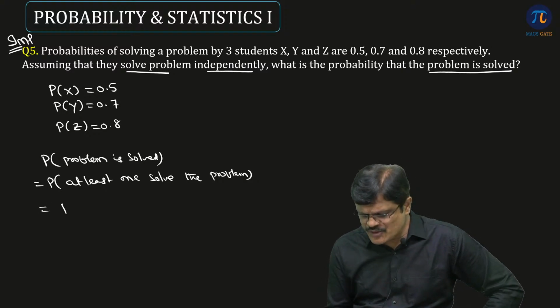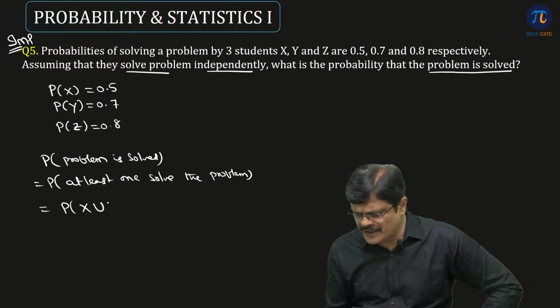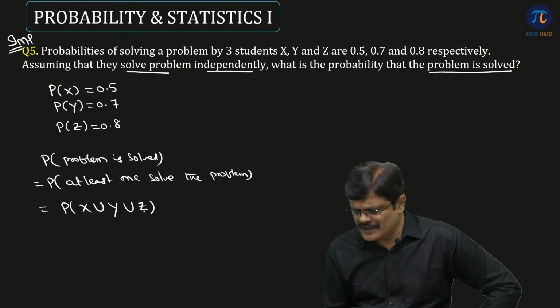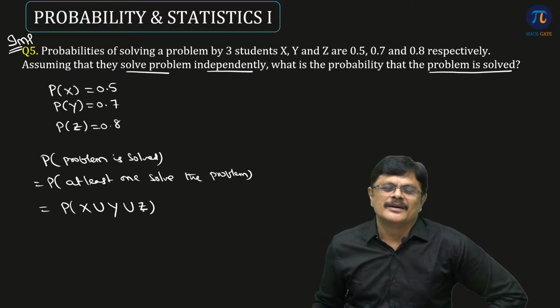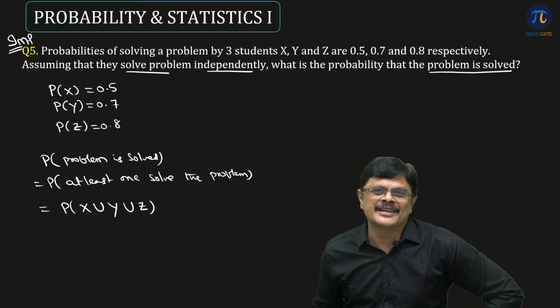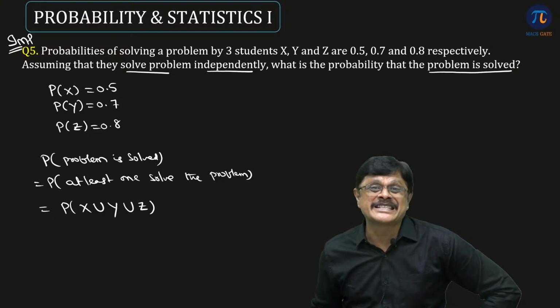What do we mean by at least one of them? X union Y union Z. But we have the indirect principle, the inclusion-exclusion principle for none.